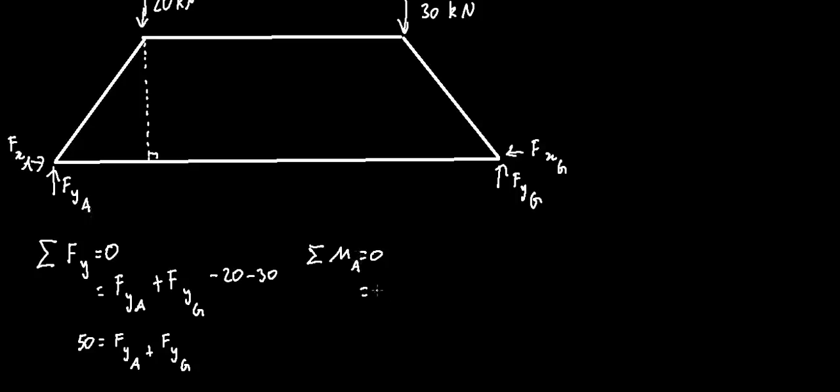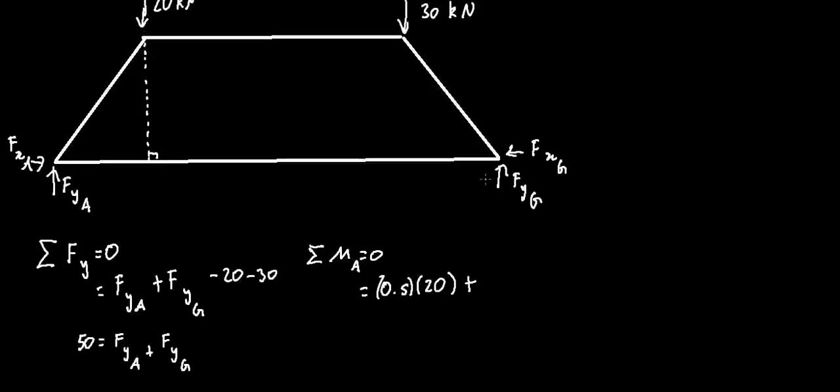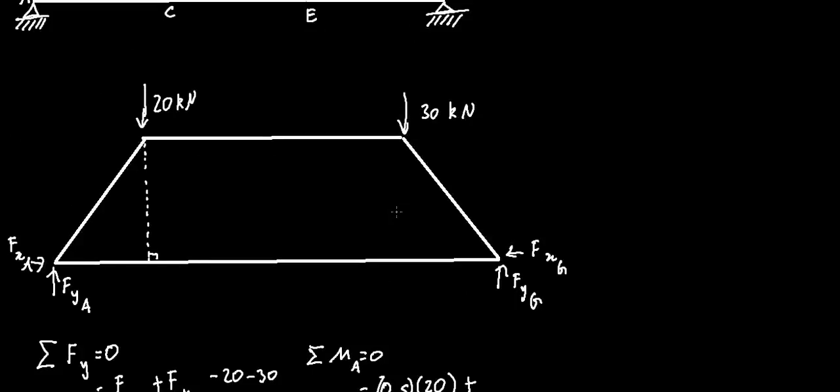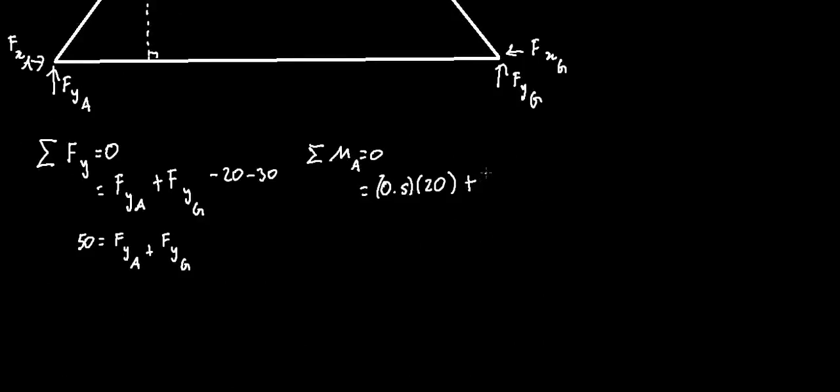So we have 0.5 times 20, and clockwise is already positive. Plus we have 30, and that distance is 1, 2, 2.5.